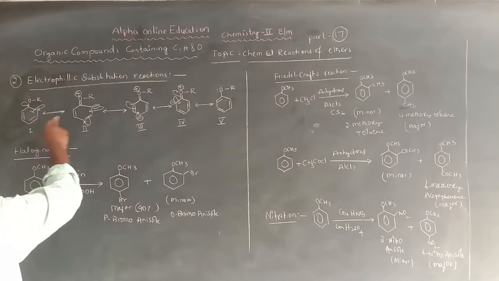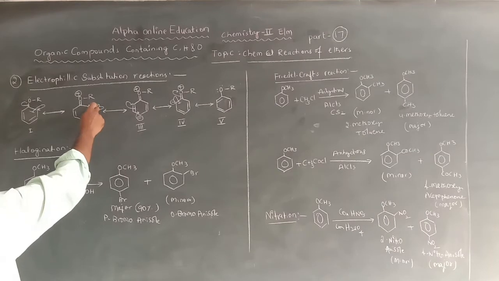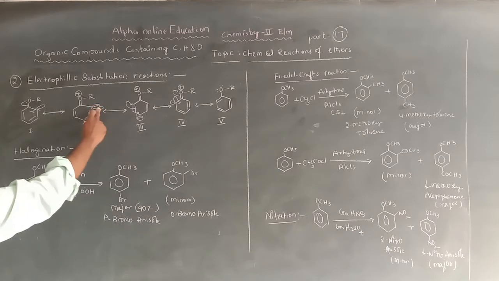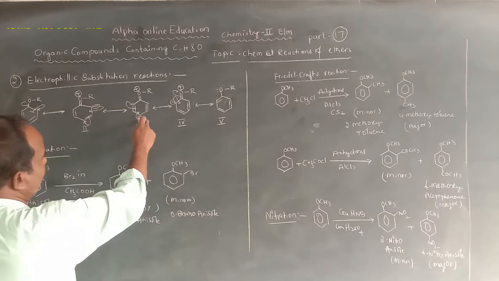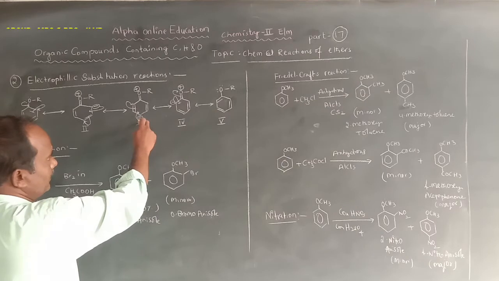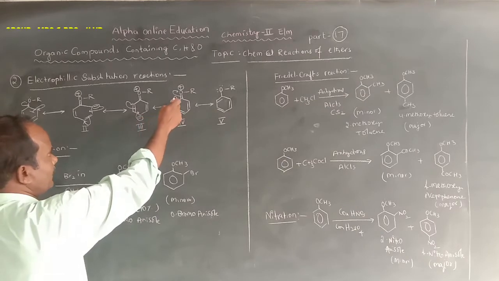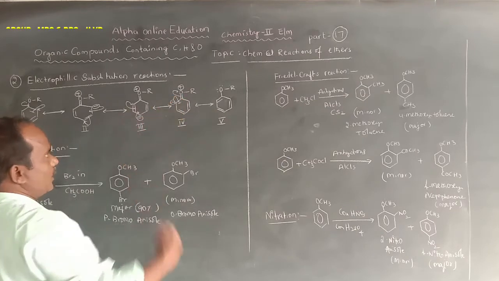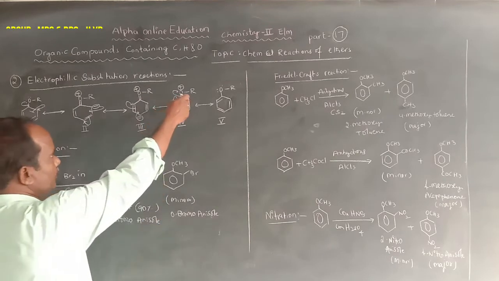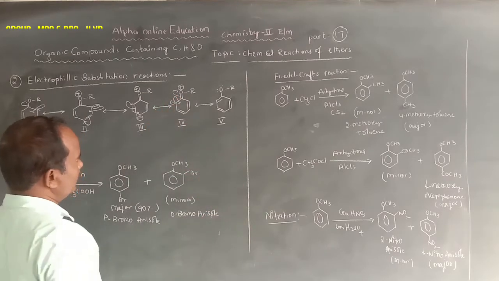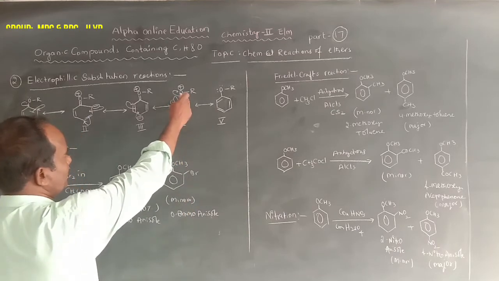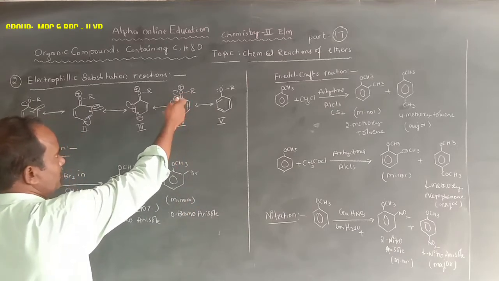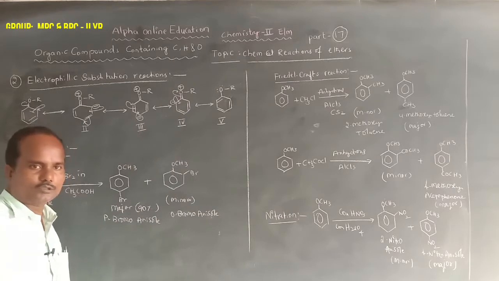As a result, the alkoxy group releases electrons into the aromatic ring. Due to this, the ortho position gets more electron density. Then the para position also gets a lot of electron density. The 1,2 position is ortho, the 1,4 position is para, and from the other end it is again a 1,2 ortho position.